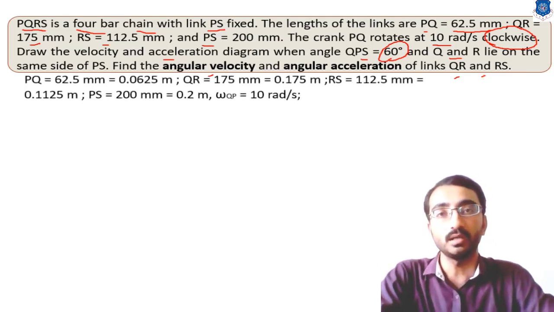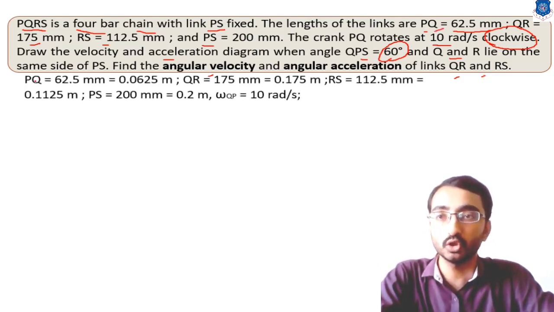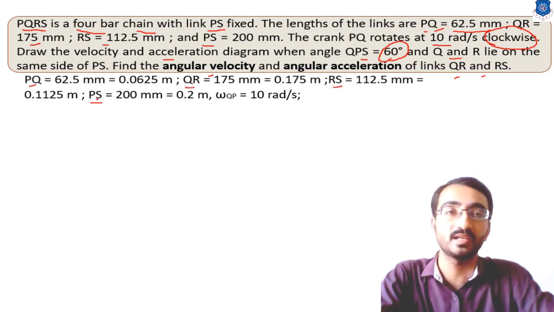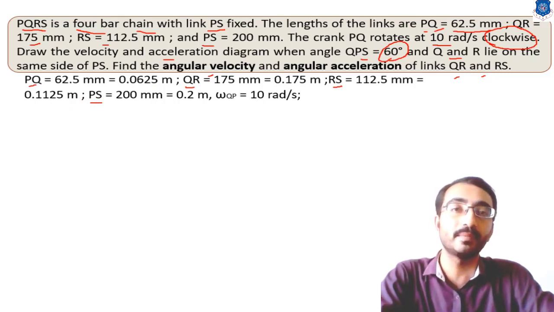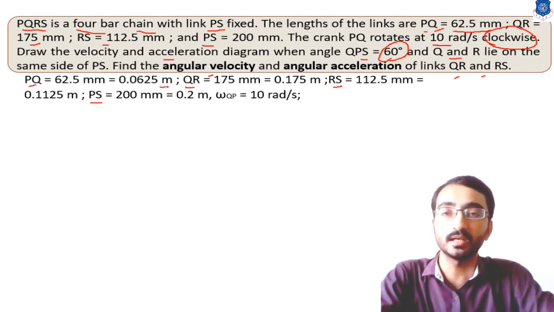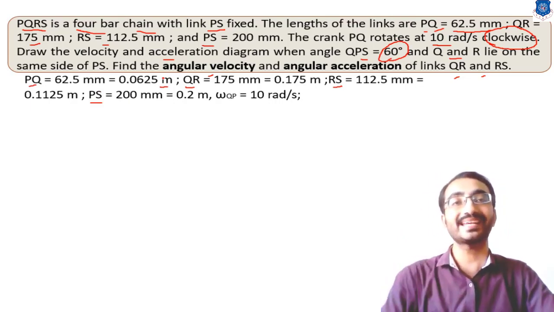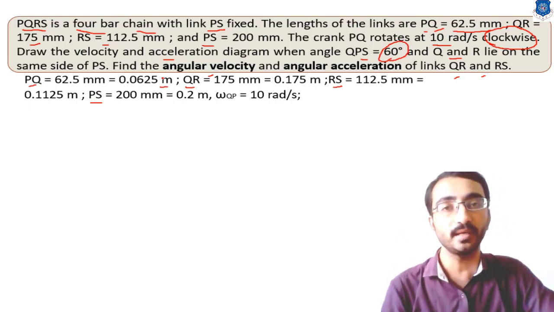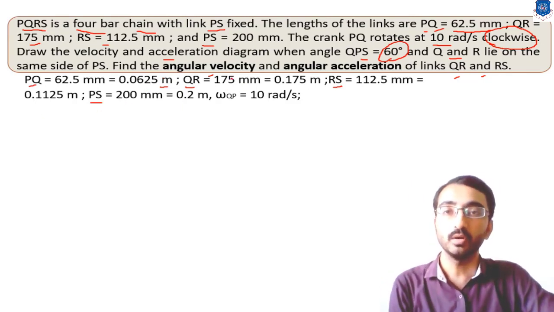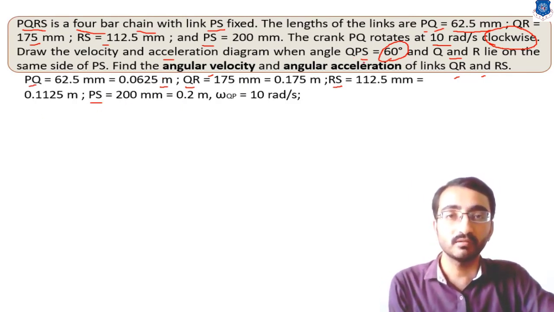From this data we can say the PQ, QR, RS and PS lengths are given. Now these lengths are given in mm, so we will convert them to meters so that we can calculate the velocity and acceleration components in meter per second as well as meter per second square. Another data given is the angular velocity omega.